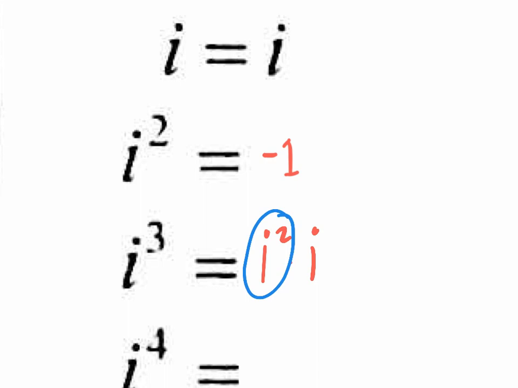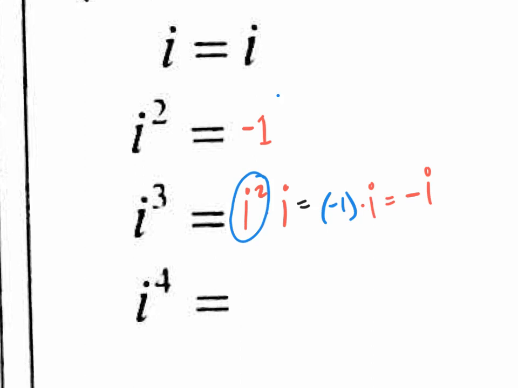So let me rewrite this guy as -1 times i. And what's -1 times i? -1i, or just -i. It's going to look confusing on paper, but it's not confusing, all right? Just don't start saying, oh, it's confusing. Just stay focused, pay attention, it'll make sense.